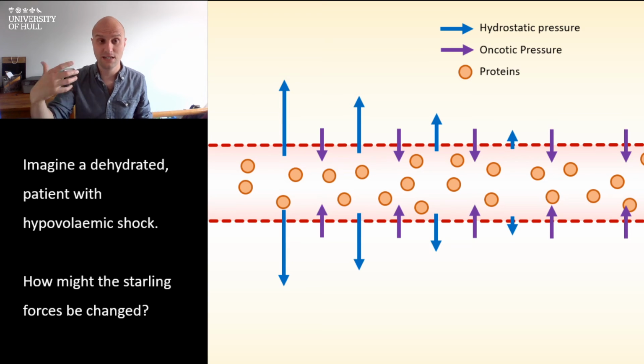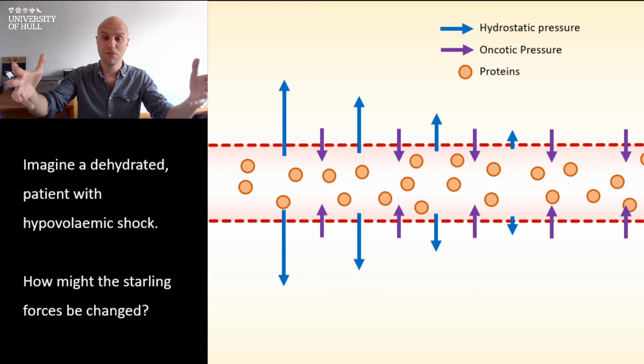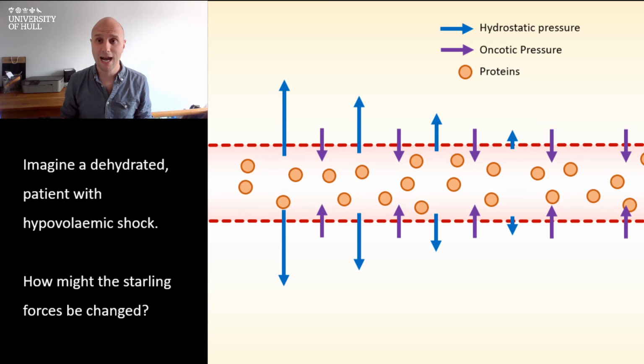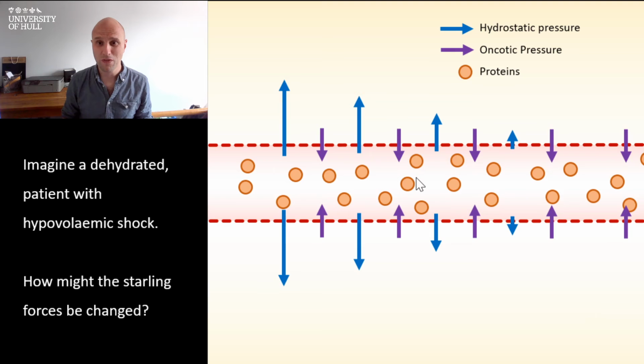The hydrostatic pressure, which is related to the blood pressure, pushes the fluid out of the capillaries into the interstitium, and the oncotic pressure from the proteins within the blood vessel draws the fluid back in.